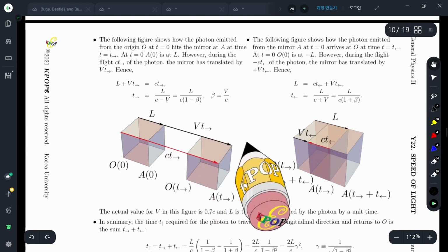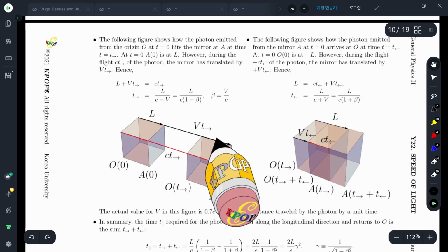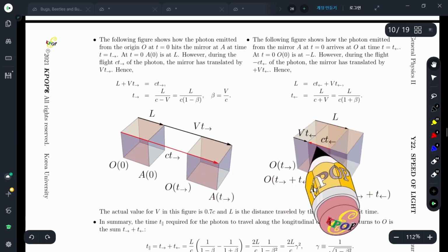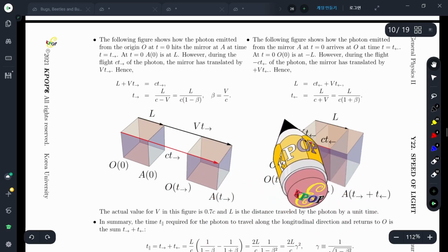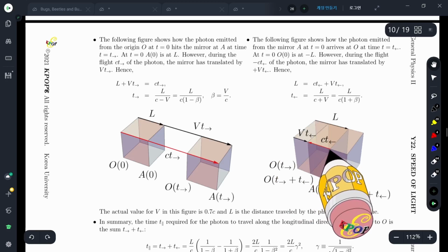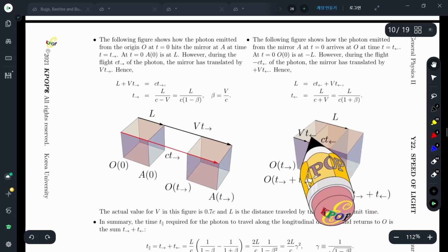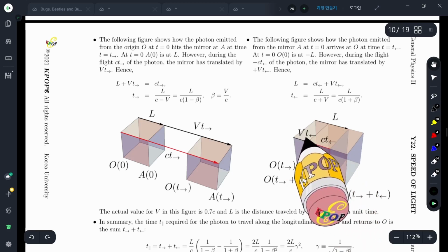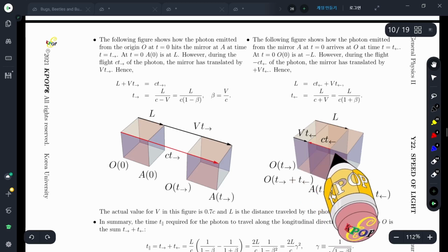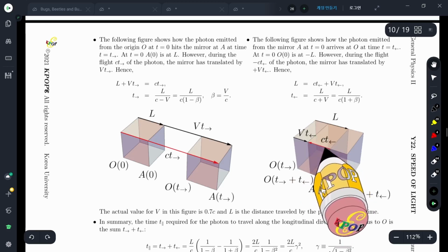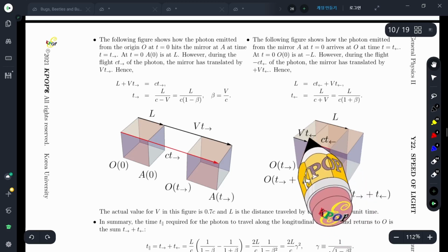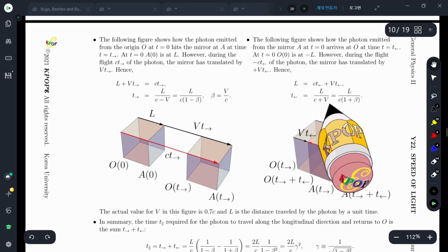So this can be done in this way, and when it returns, because the light bounced back from the mirror is traveling opposite to the direction of motion of the Earth, it takes less time because the velocity is c plus v.